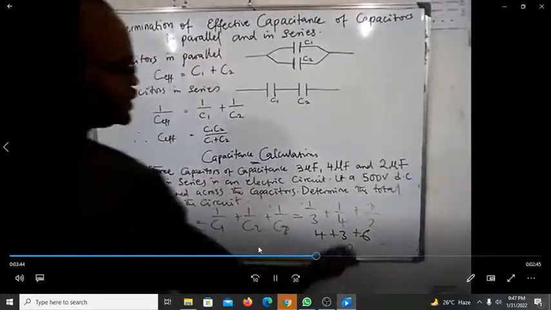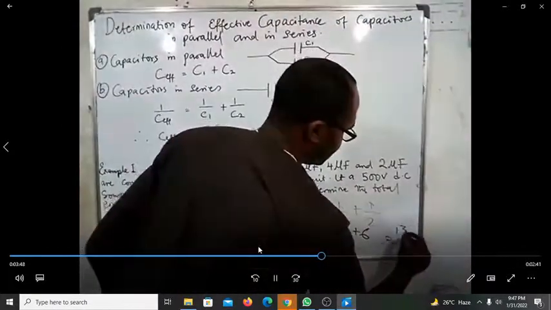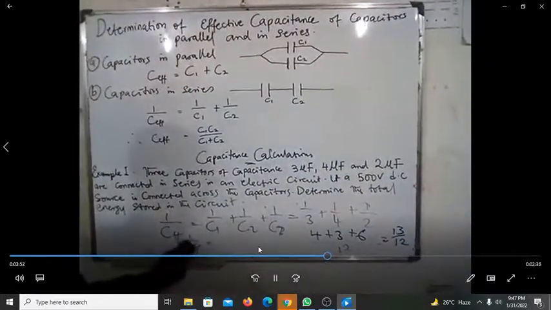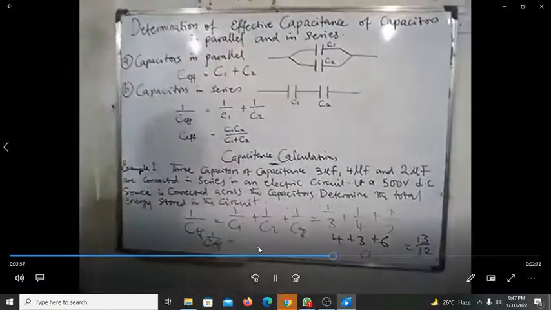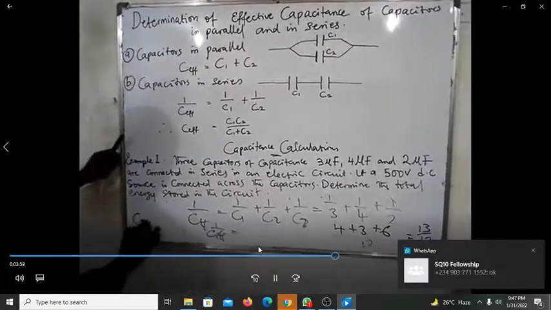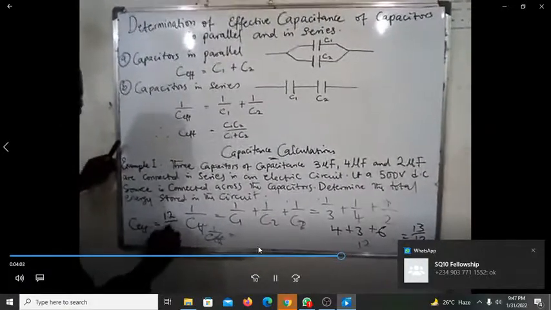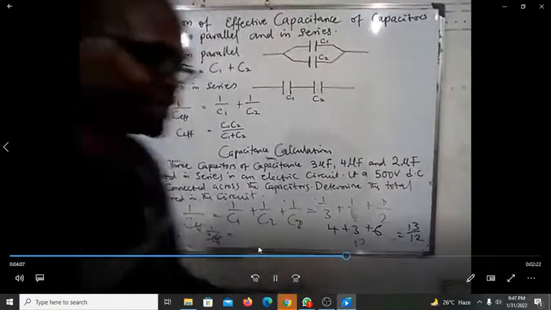So you have 4 plus 3 plus 6, giving us 13 all over 12. So if 1 over C effective is equal to 13 over 12, that means the effective capacitance is equal to 12 over 13. So that is our effective capacitance, 12 over 13.